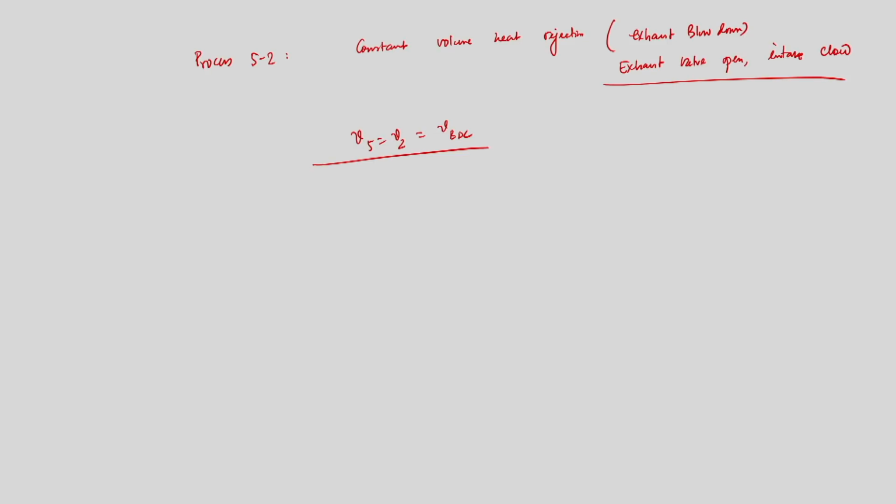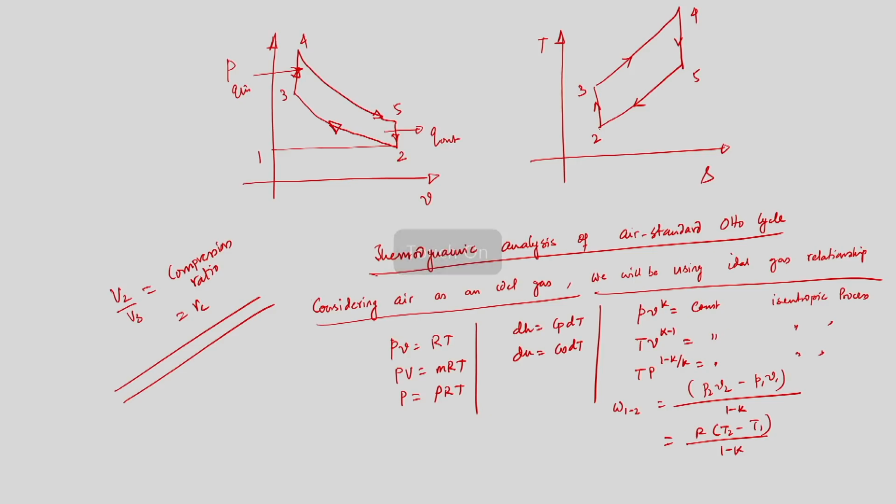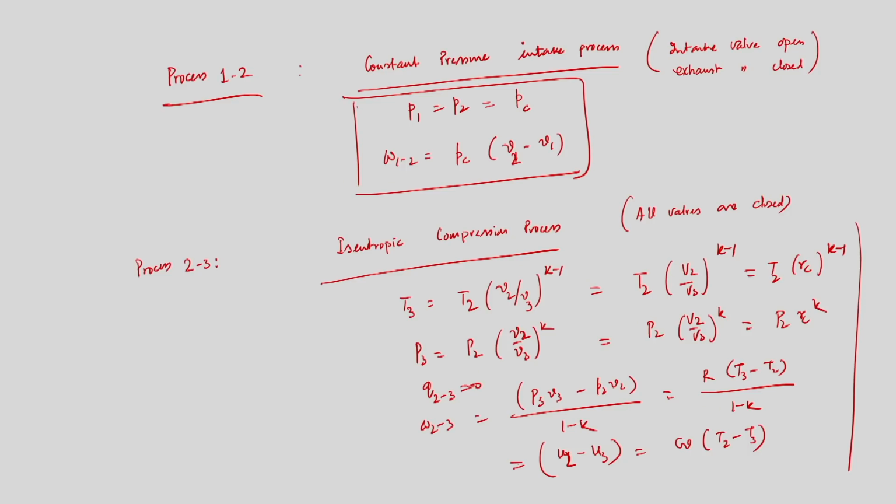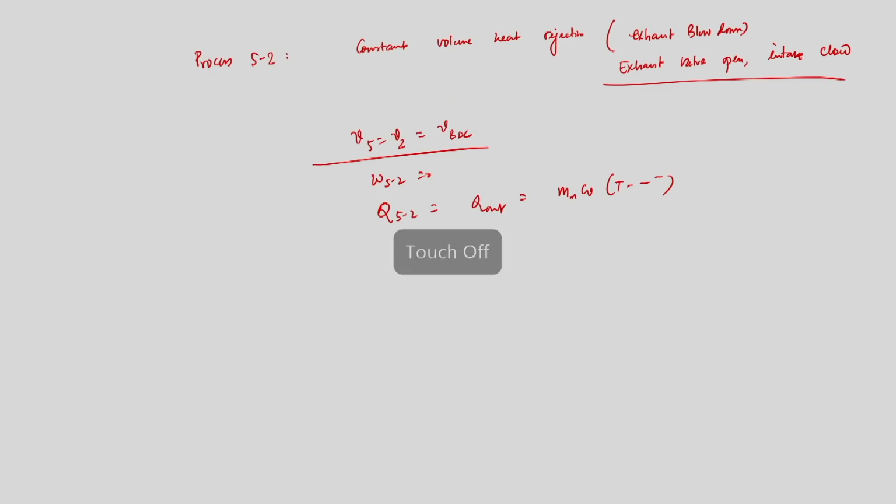Now, W5 to 2 will be equal to 0, and Q5 to 2, that will be equal to Q out, that will be equal to CV into T5 minus T2, because temperature at 5 is higher than temperature at 2.